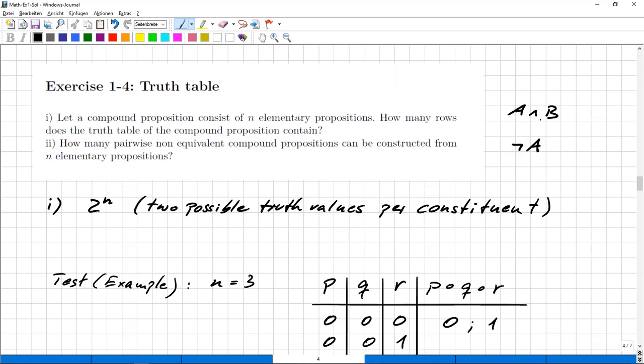If this is a pairwise compound, or a twofold compound, actually a simple compound, then this one is a one-fold compound. However, we know that the truth table of the not operation contains only 2 rows, because A can take on the values 0 or 1.